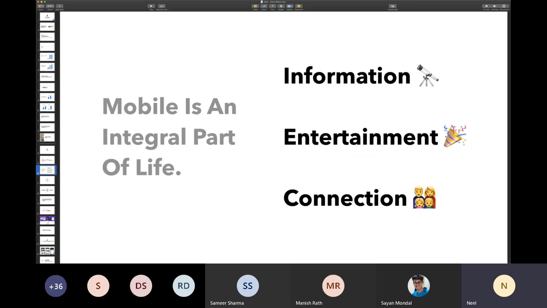There are three common activities that we carry out while using our mobile phones: information, entertainment, and connection. These three are the key pillars which have made mobile essentially a window into the world, and the internet being the messenger.